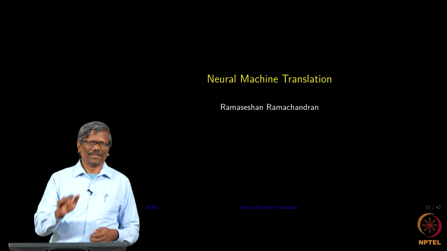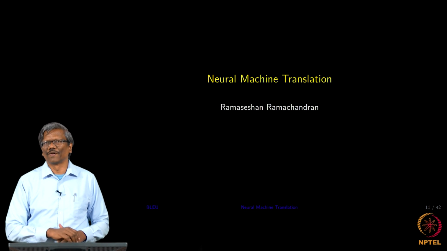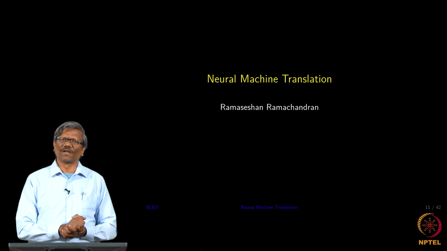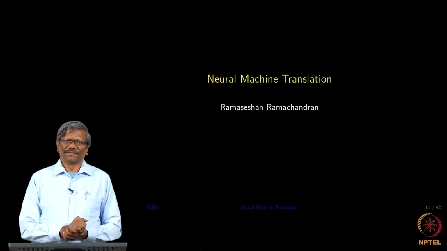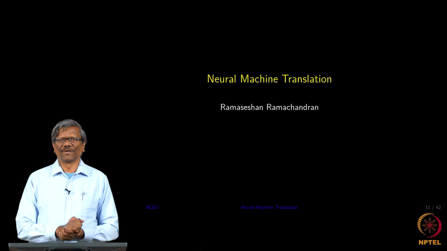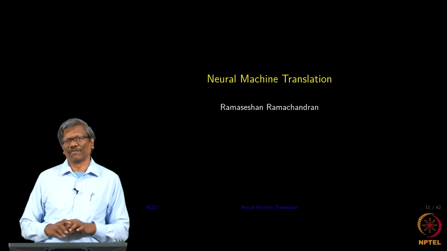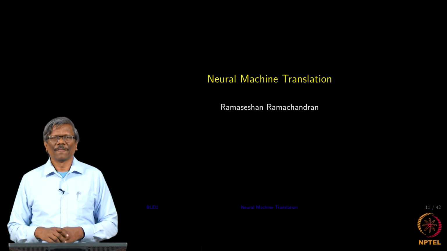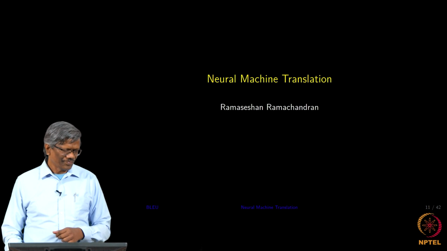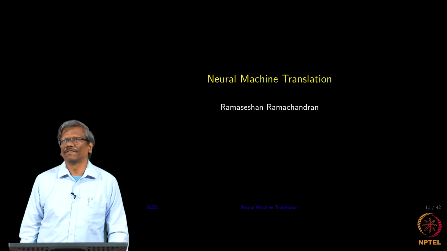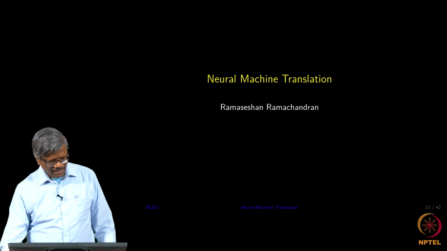So, coming back to this part of neural translation, we are going to be using neural networks to find out whether it can do a good job in the translation or not. So, it all started in 2014. We are not very far from the current world of translation. Okay. All right.